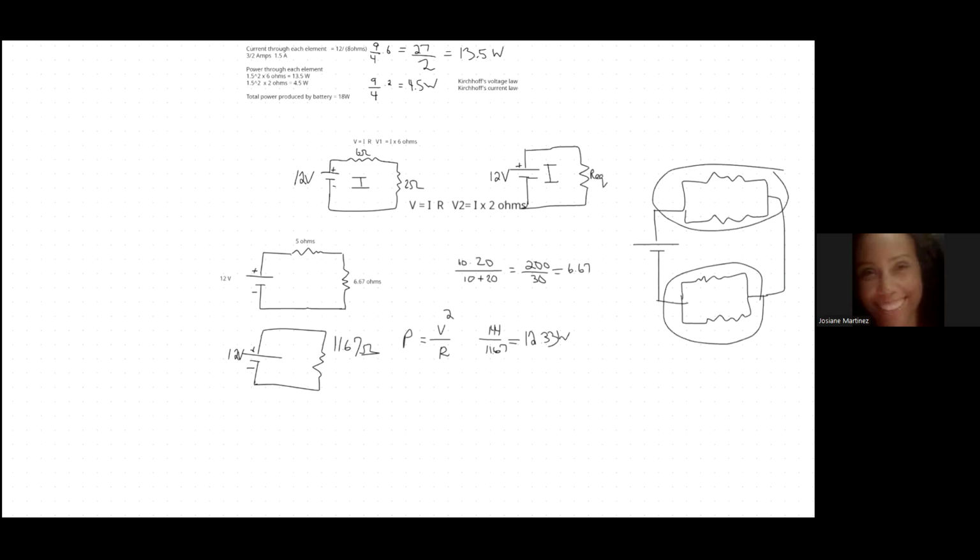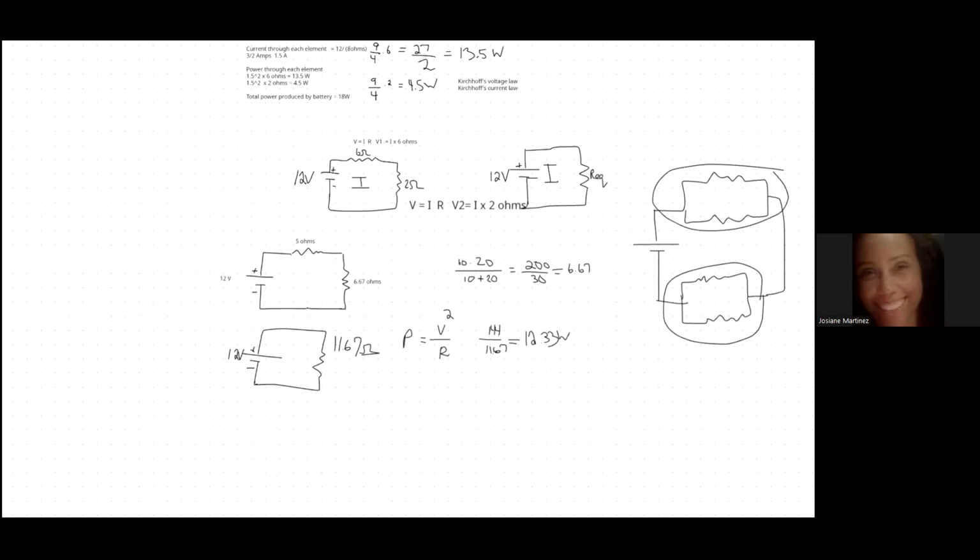Then you would add. Remember that any question that asks you for power or voltage or current is simply asking you to use Joule's law or Ohm's law. Okay? And it's a very straightforward problem.